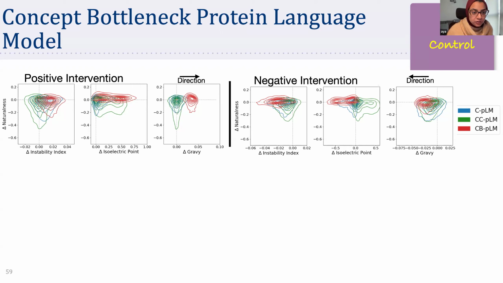When we did the positive intervention, you can see that the property for the red model went in the right direction, and when it was negative, it also went in the right direction, while the other models, the conditional model and the conditional model with the classifier, didn't go in the right direction at all. So we can see that we are able to shift the distribution of a lot of samples.